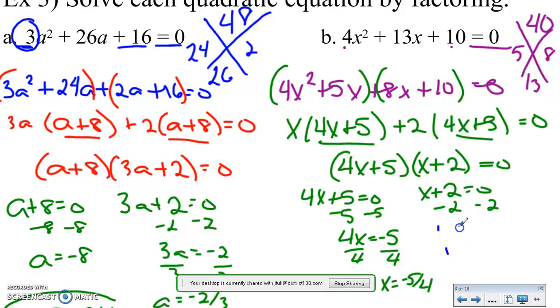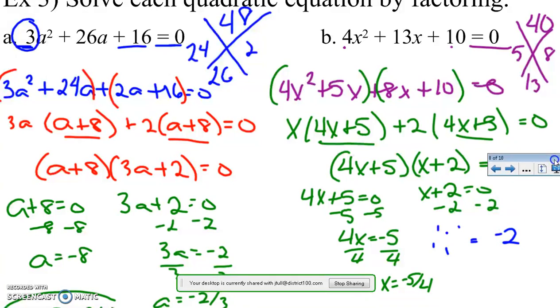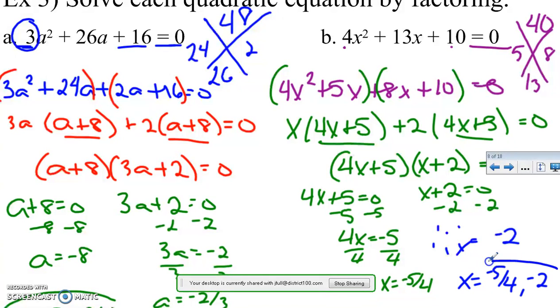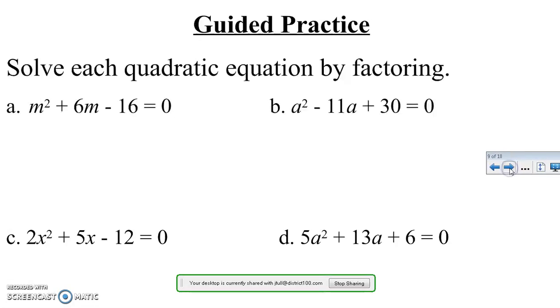So we get x equals negative 2, and I'm not sure why it won't let me write my negative 2 there. That should be an x. So my answers are negative 5/4 and negative 2. Okay, all right, there's some practice there.